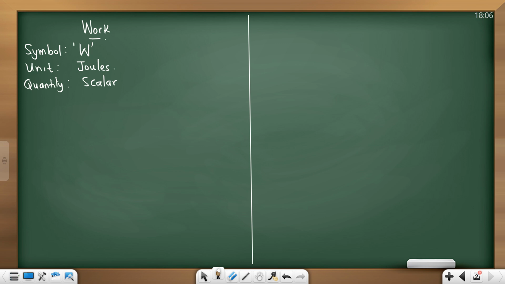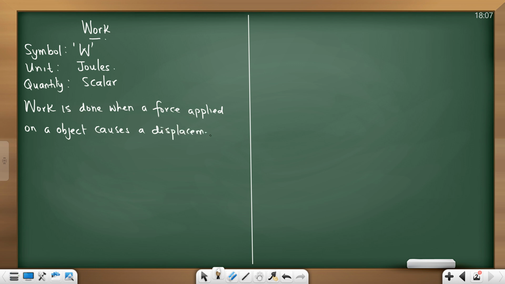Now, when do we say work is done? Please make sure you connect, and if you listen carefully, you won't need to read again. You just need to do practice and calculations. When do we say work is done? Work is done when a force applied on an object causes a displacement.